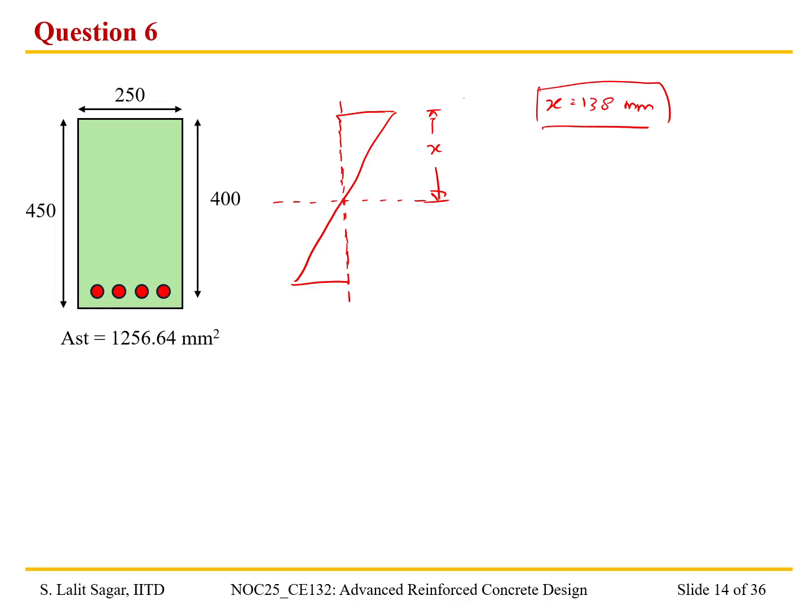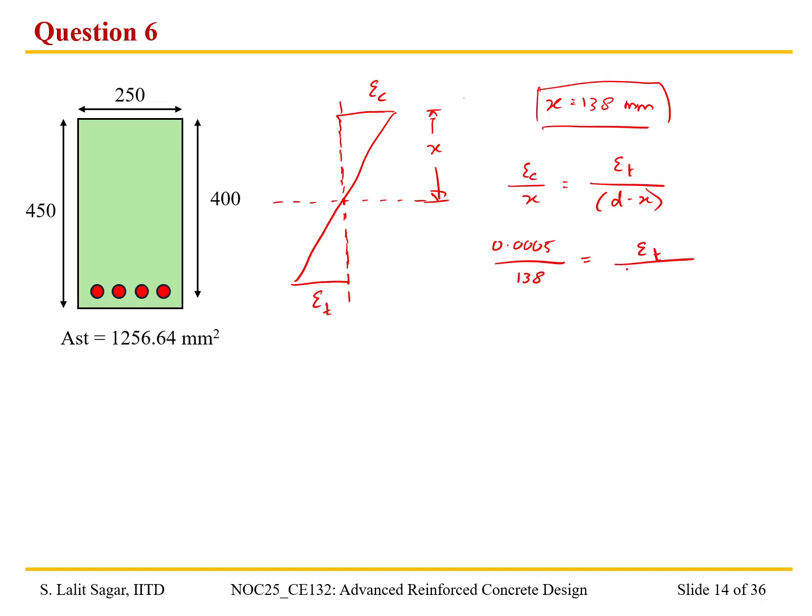Now, let us calculate the strain in the rebar. By similar triangles, we have here epsilon c, and here we have epsilon t. Epsilon c by x is equal to epsilon t divided by d minus x. Let us substitute the values and find out what is the epsilon t that we are going to get. 0.0005 divided by x, 138, is equal to epsilon t divided by d minus x.